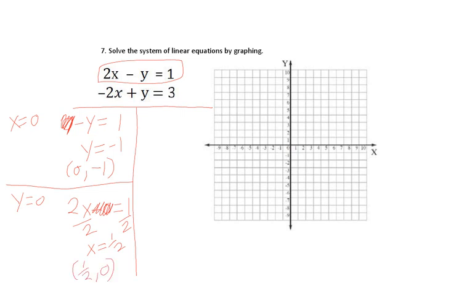Let's plot it. 1 half, 0 is only 1 half step to the right. It's hard to write. In fact, I'm having difficulty right now. Just won't let me. Like right there. And then 0, negative 1 is 1 down.